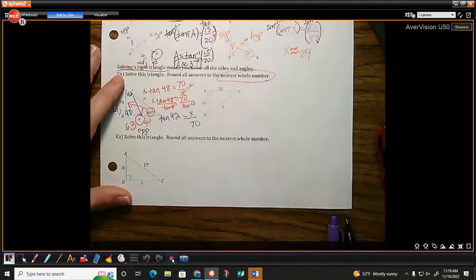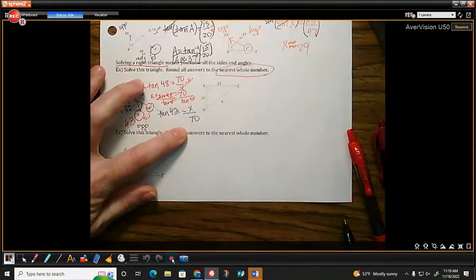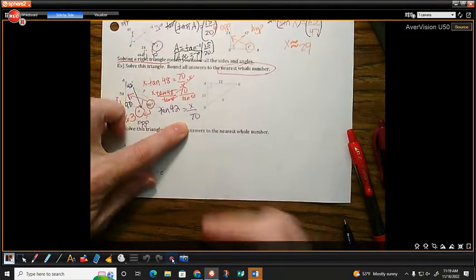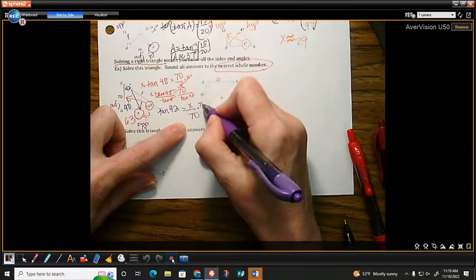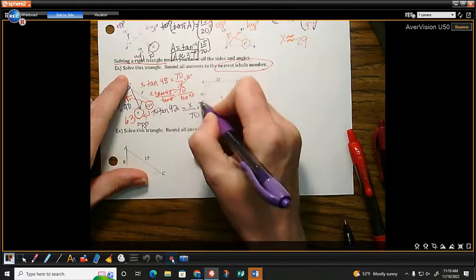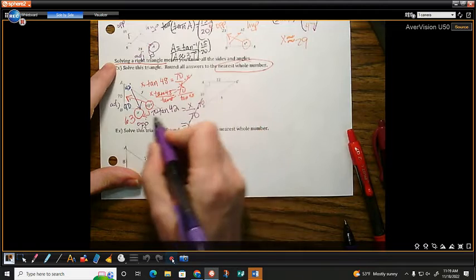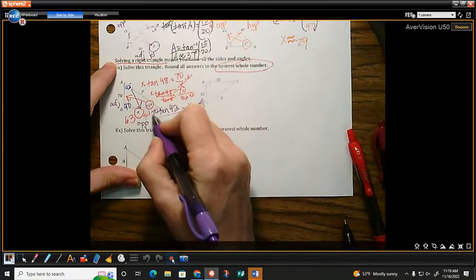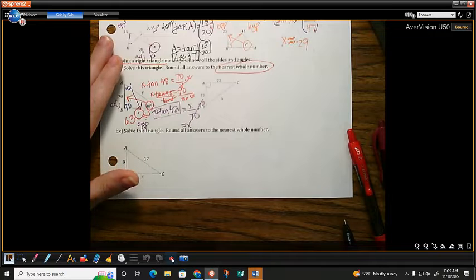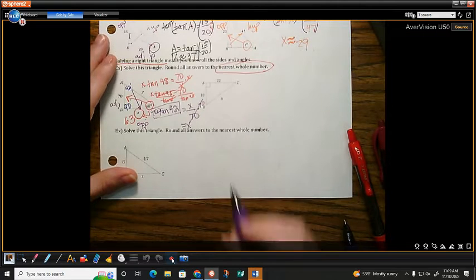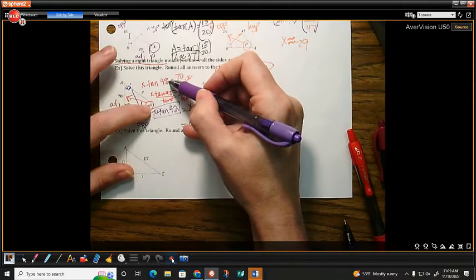Okay, now let's do the purple version, where we focused on the 42-degree angle. How would I get this X by itself? I would multiply to get the 70 off the bottom, and X would be whatever 70 times the tangent of 42 is. Not 48, I did the 48 before in the red guy.